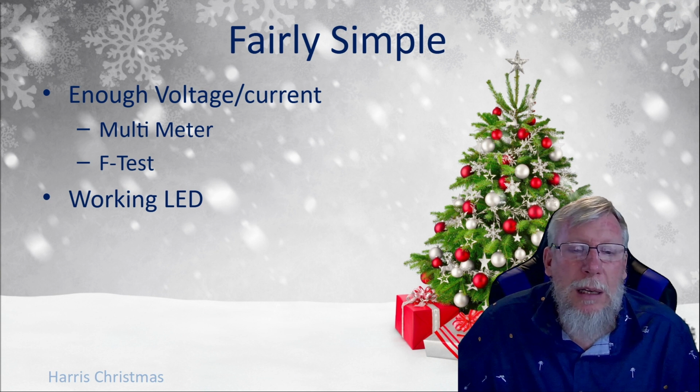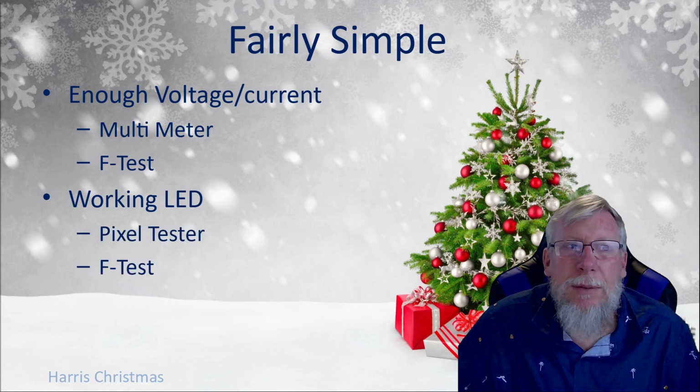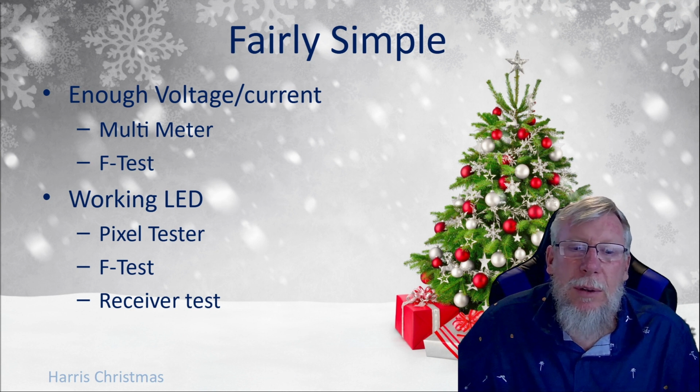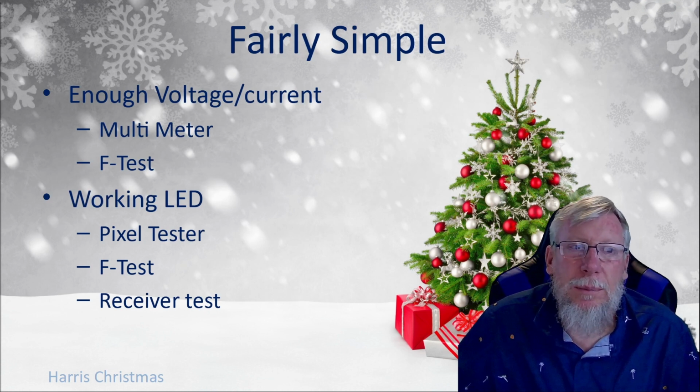Then you have the working LED. How do you tell if that LED is working itself? You use a pixel tester or an F-test, or if it's connected to a receiver, it has a test button. Most receivers have a test button on it that you could press, and it doesn't require any configuration on the receiver, and you can test from there.